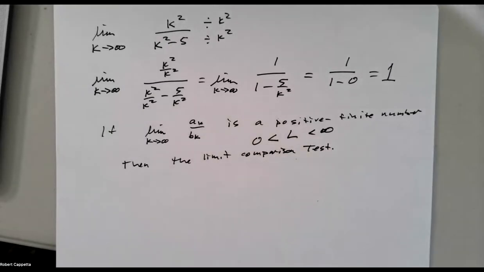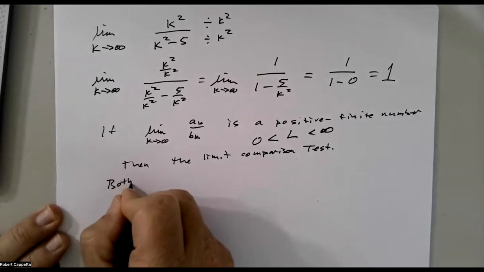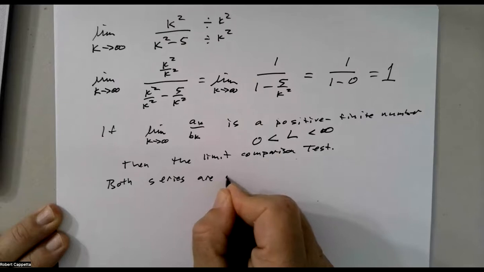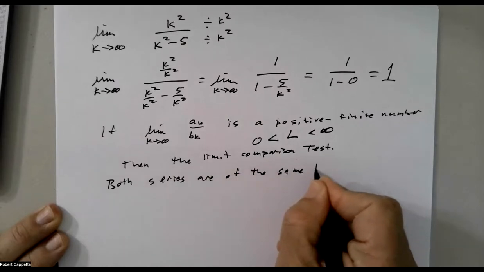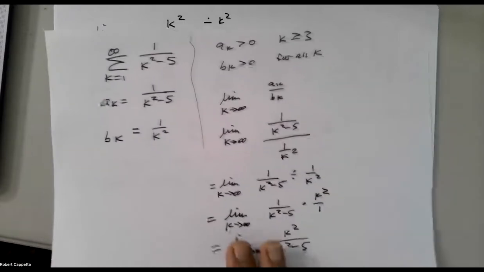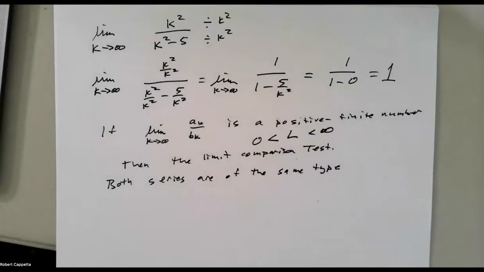So what are we going to say here? We're going to say both series will be of the same type. Now, what did we have before? We had a sub k was 1 over k squared minus 5. B sub k was 1 over k squared. What do we know?